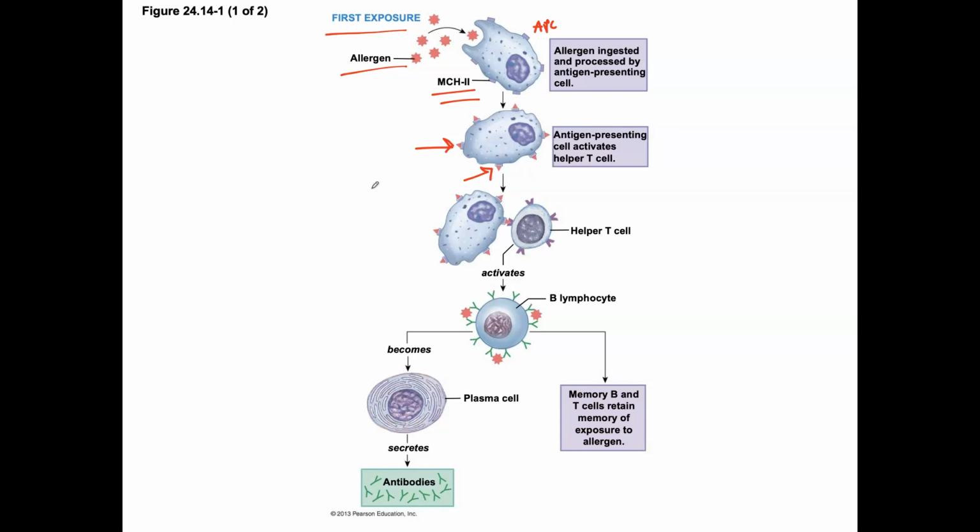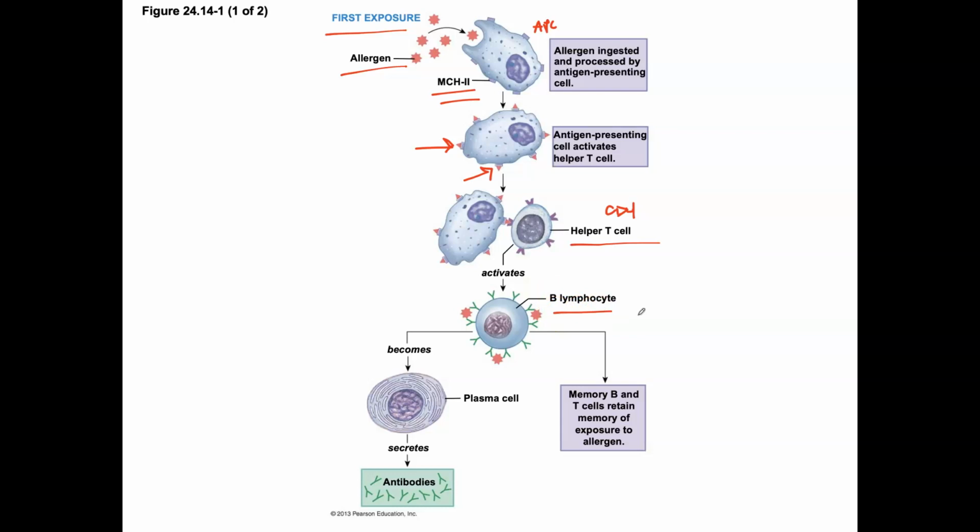Those fragments will interact with helper T cells. Helper T cells have a T cell receptor and a CD4 co-receptor that can interact with the class 2 MHC. When the T helper cell becomes activated, it then can release chemical signals to go on and activate B cells.